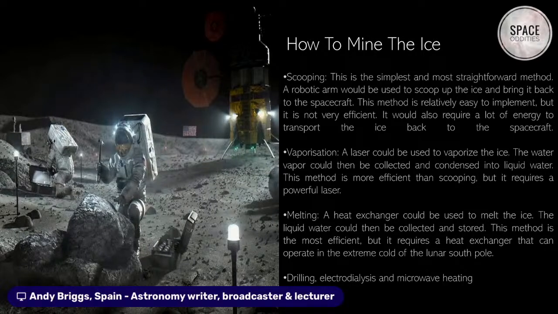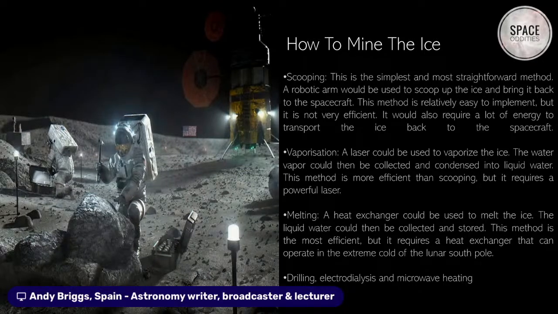You can use a laser to vaporize the ice and then collect the water vapor. That, I think, would be a little bit tricky to do, but it's one option. You could use a heat exchanger to just melt the ice and collect the liquid water. And there are other methods they're looking at, including just straight drilling, something called electrodialysis, and heating the ground with microwaves to release the water held up in it.